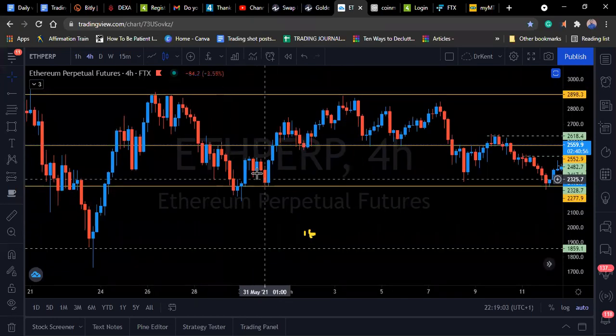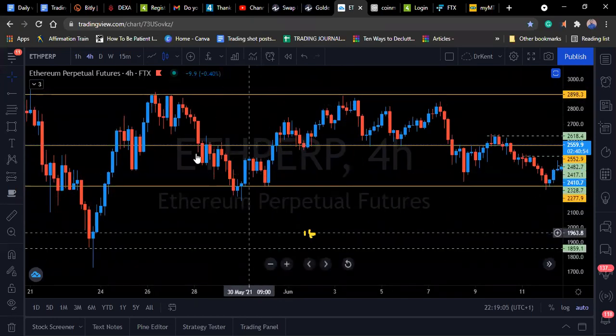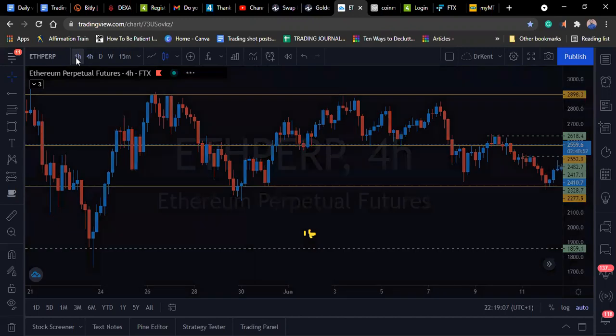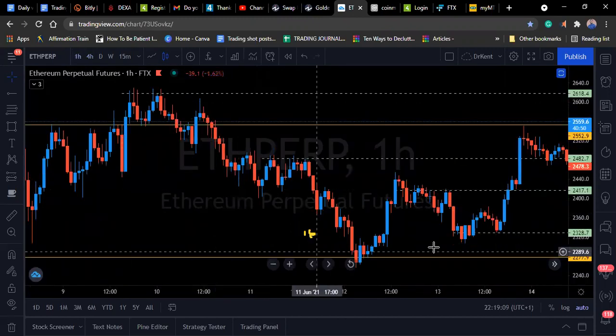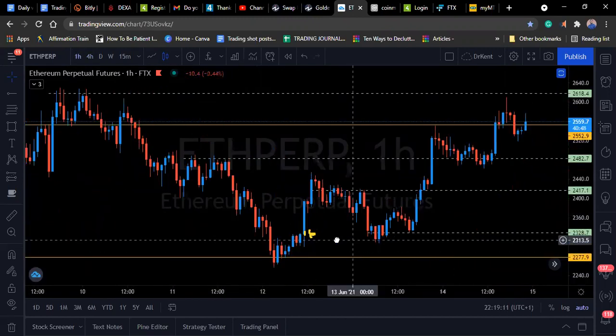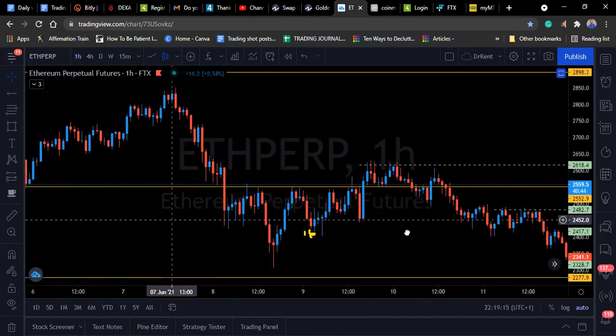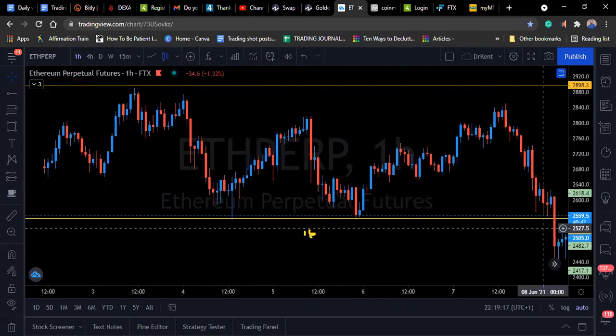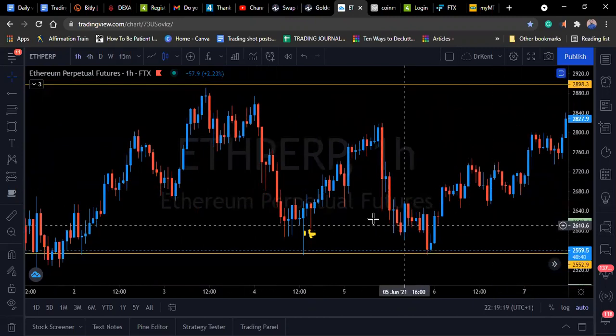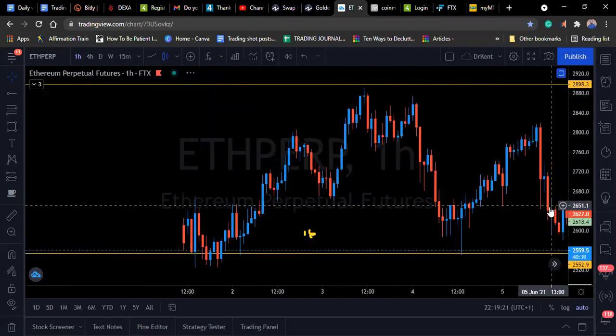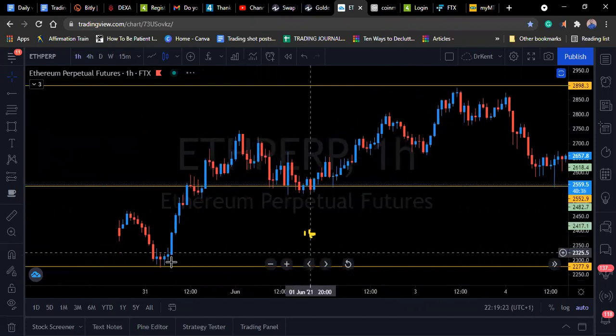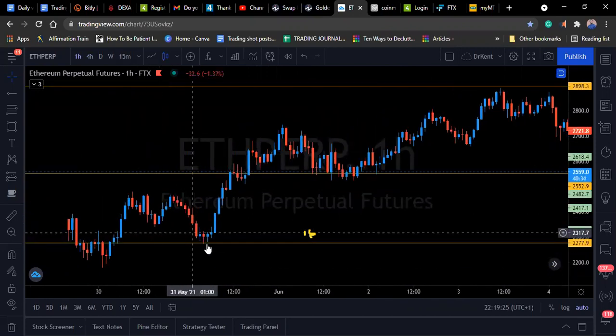So now this is your double bottom. But if you go to H1, you see that the double bottom is clearer because it's wider. Okay, see it here. It's wider. So that's one way to trade it.